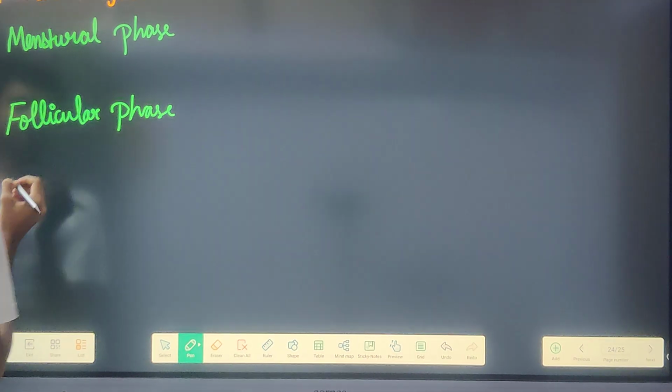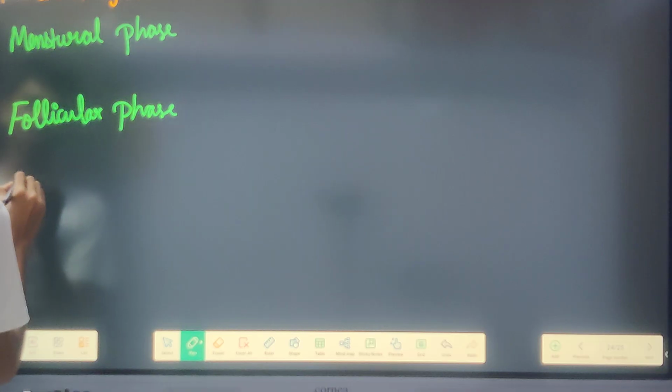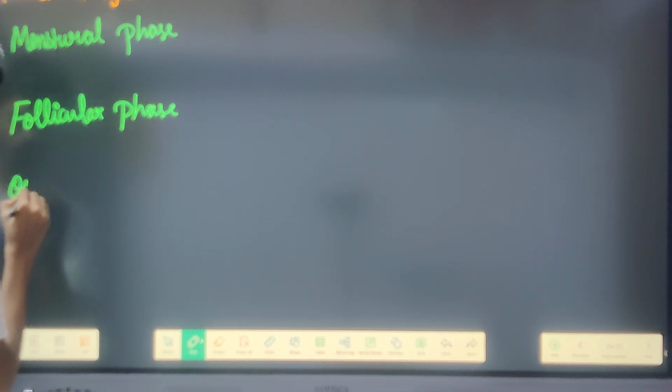Then after this is the ovulatory phase. Then it is the luteal phase.